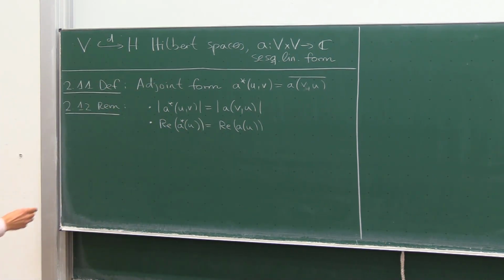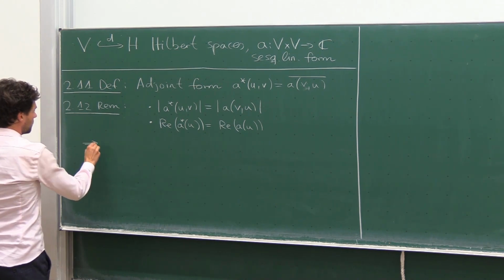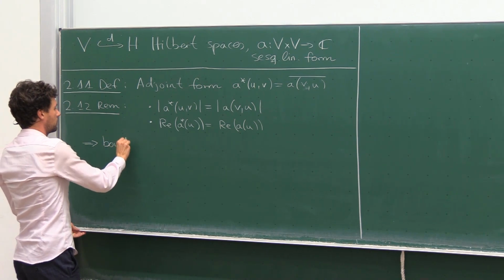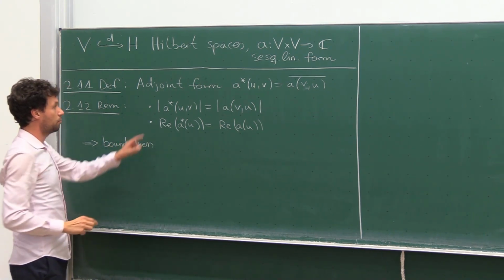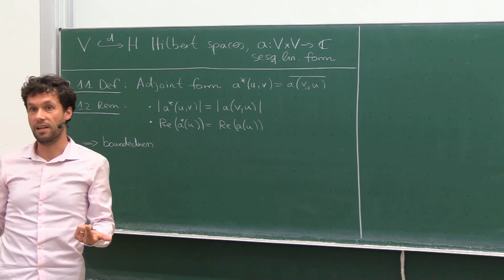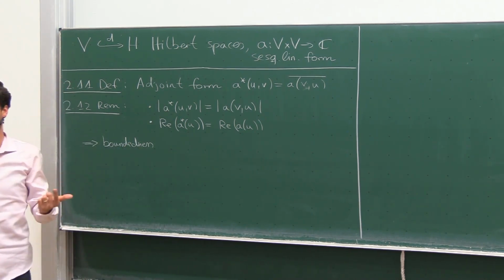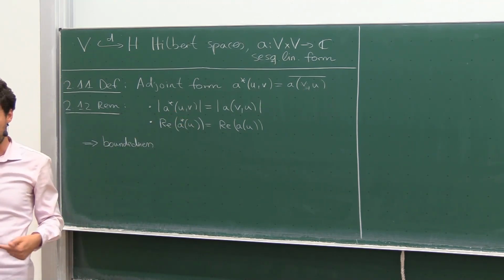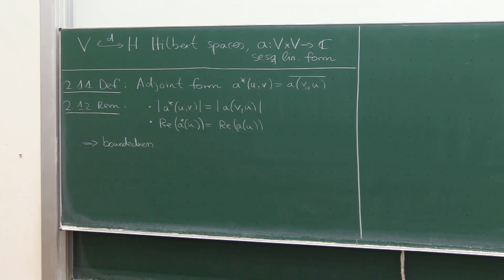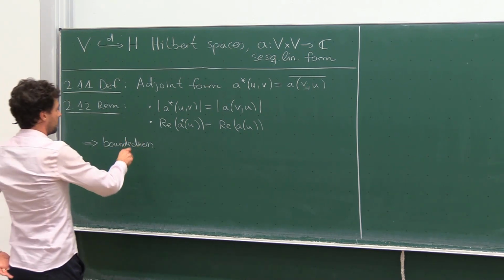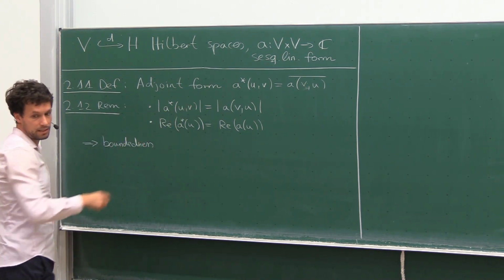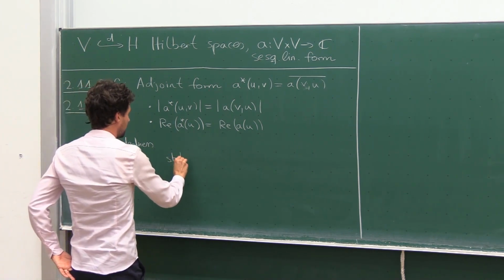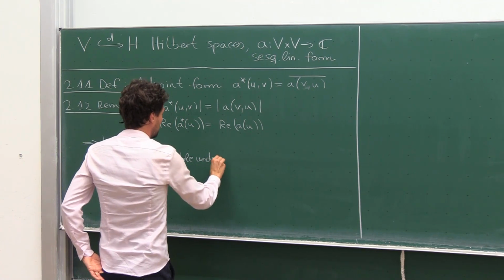Okay, and that means two things. If I look at properties, for example, boundedness of A star, meaning an upper bound for the form in terms of the V norm of U and V, is just the same thing as boundedness of A. Upper bound for this guy is the same. Okay, so we can say boundedness is stable under taking adjoints.